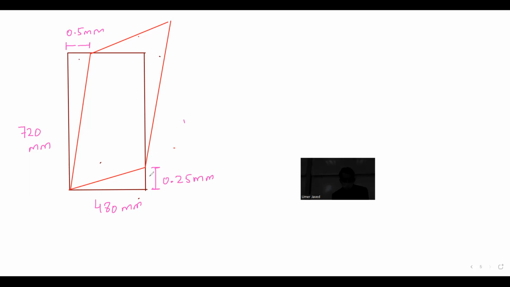Here it looks like, I don't know, 1 centimeter. But anyways, so find epsilon, strain, shear strain. That is epsilon xy.